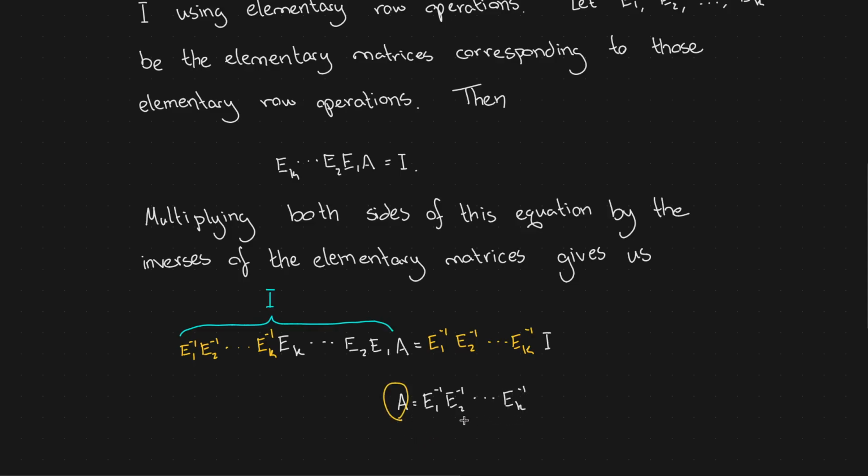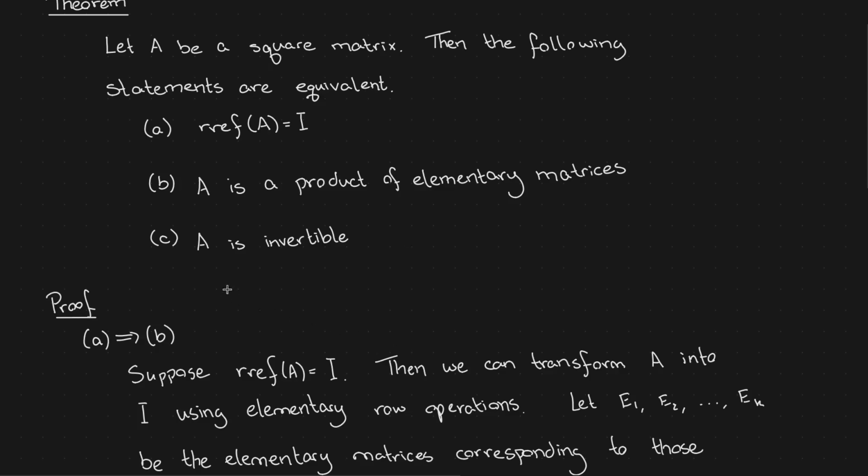Showing that A is just the product of the inverses of those elementary matrices that we need to get it into reduced echelon form. Remember, the inverse of an elementary matrix is an elementary matrix, so we've done what we needed to do. We have expressed matrix A as a product of elementary matrices. Okay, so part one's done. We have shown that A implies B.